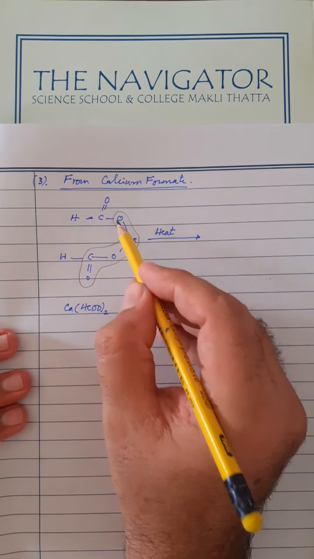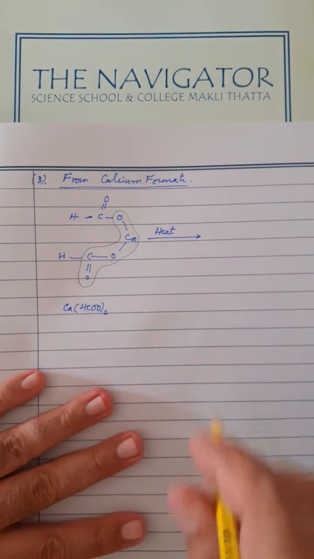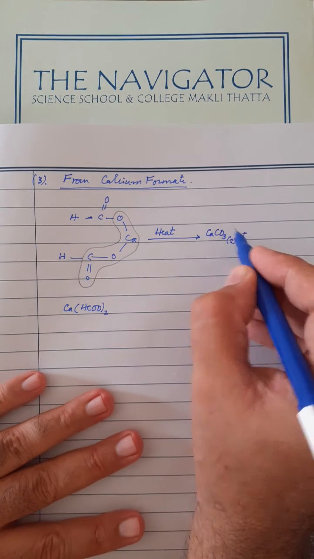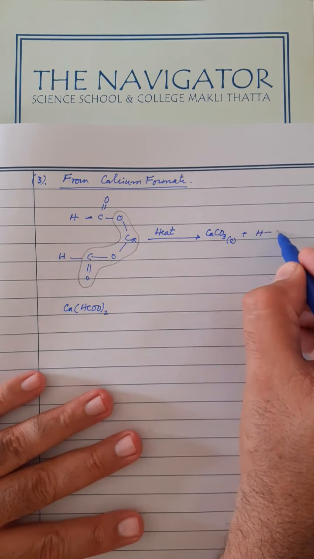What is this? CaCO3. Yes, you can make calcium carbonate, which is of course solid. And this H goes here, and you get H, C double bond O and H. So this way, calcium formate becomes formaldehyde.